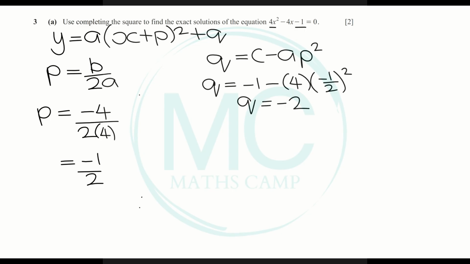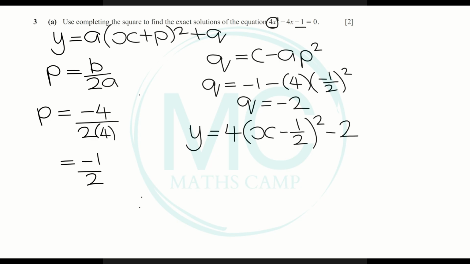So in completed square form, my equation becomes y is equal to a, which is 4, put that over here, open a bracket, x minus 1 over 2, close the bracket, squared, minus 2. I need to solve for x.